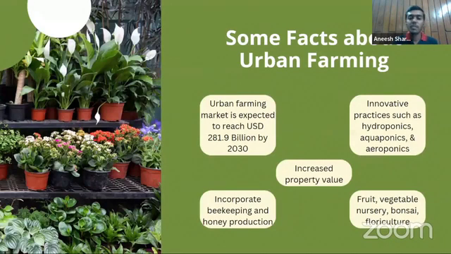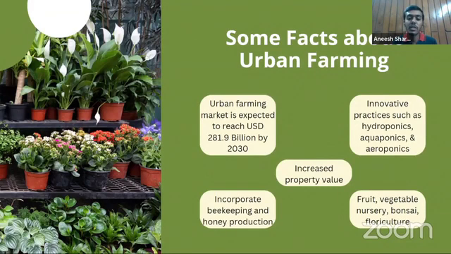Okay, so other major facts that I would like to talk about urban farming: urban farming is expected to reach US$281.9 billion by 2030. So it's a major factor. It's a surprising factor.